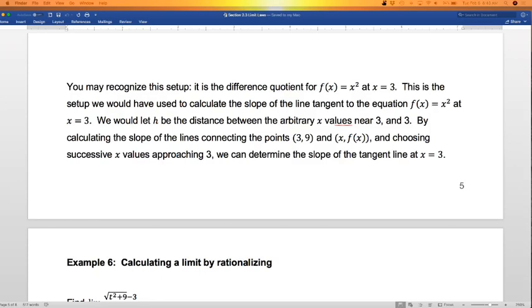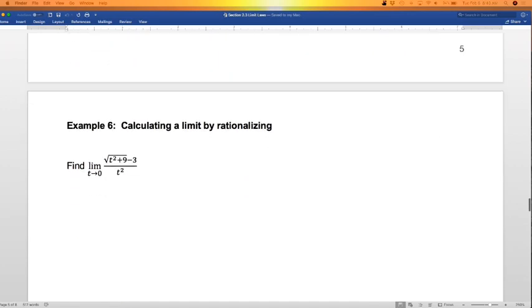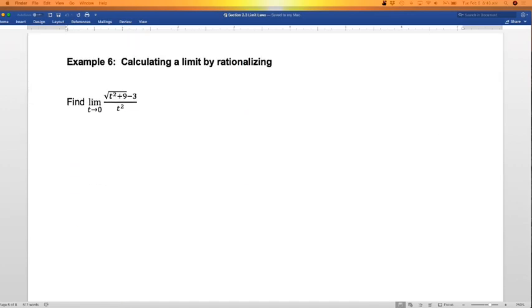We will get to that more in depth later. But the important thing is that this is going to tie all the way back to what we learned at the beginning of the chapter, the tangent line at a point. But let's look at this example, which is one that we covered in 2.2. This is the one that had the really weird calculator issues.